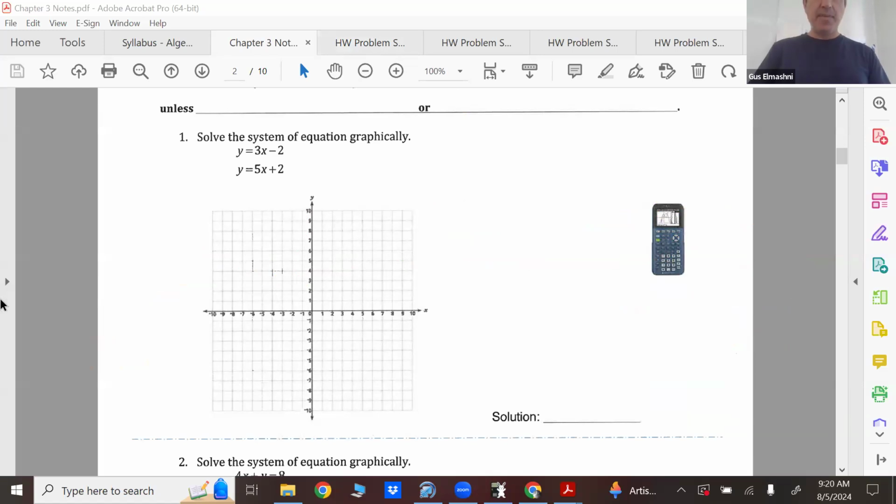But anyway, let's just graph it. So -2 is your y-intercept, and your slope is 3. Okay. And let me get a line. Let me adjust this.